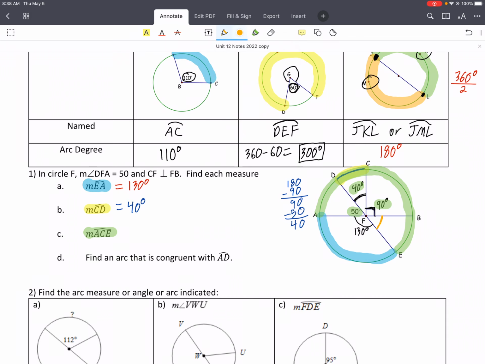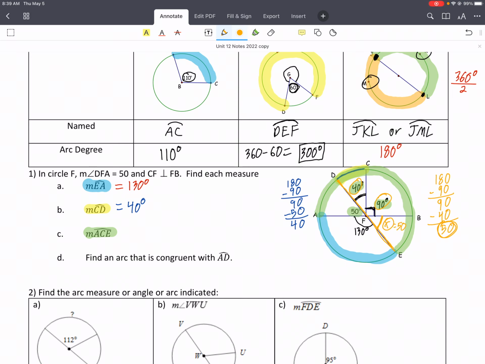One thing that could help is that we know, again, this is a semicircle. So 40, 90, and I guess we could call it our X or unknown, those are going to equal 180. So we could do 180 minus 90 again, which is 90, minus 40, which is 50. So we know that this right here is 50.